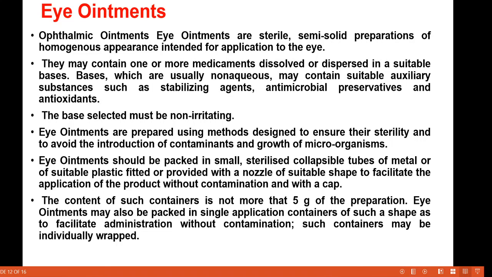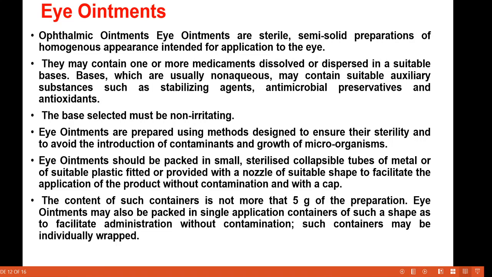Ophthalmic ointments, eye ointments, are sterile semi-solid preparations of homogeneous appearance intended for application to the eye. They may contain one or more medicaments, dissolved or dispersed in a suitable base which is usually non-aqueous, and may contain suitable auxiliary substances such as stabilizing agents, antimicrobial preservatives and antioxidants.